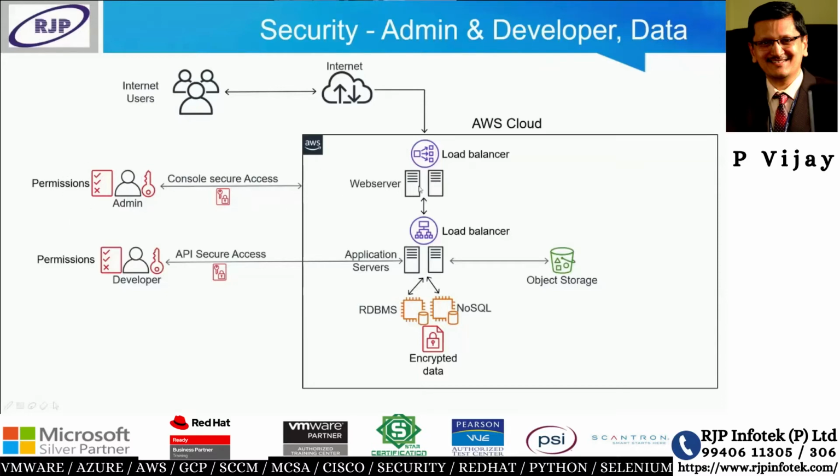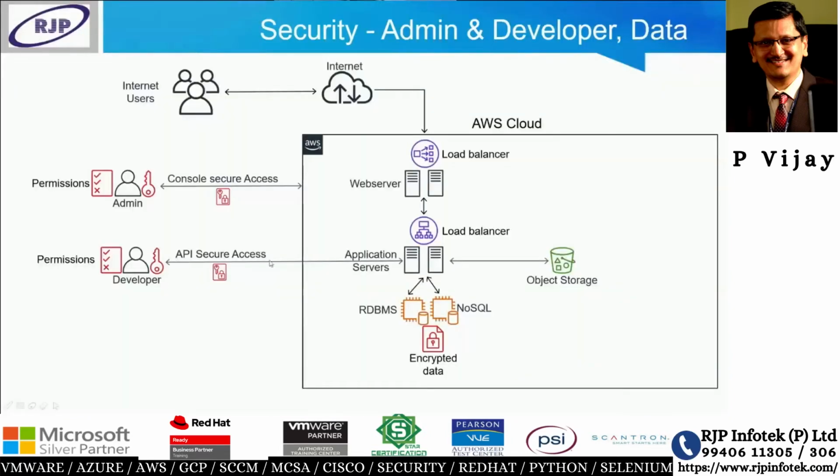So security is ensured as far as user access is concerned. That means a user is authenticated with multi-factor authentication and is authorized to perform some functions. I, as a console admin, can also authorize a developer who is building applications on my servers.